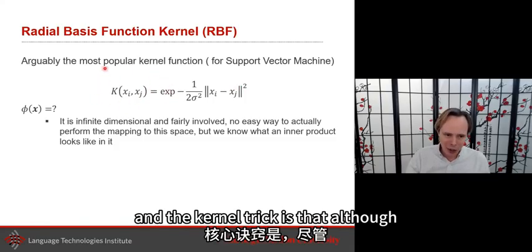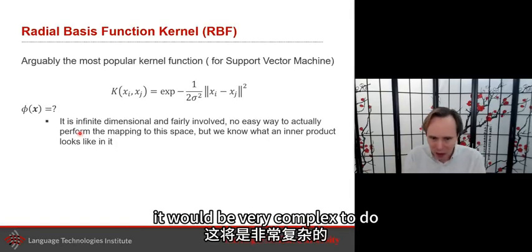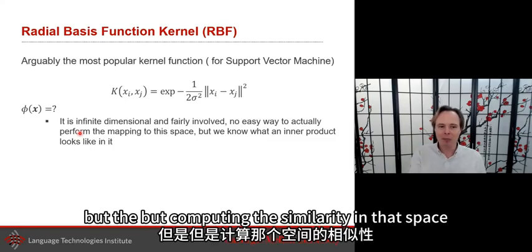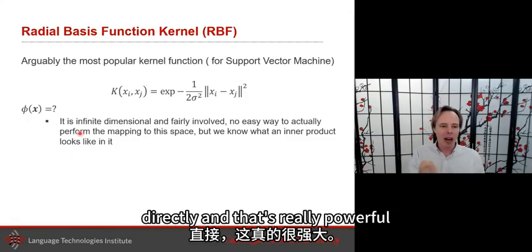And the kernel trick is that although doing the full projection would be very complex, or impossible in the case of the RBF, computing the similarity in that space can be written analytically and directly, and that's really powerful.